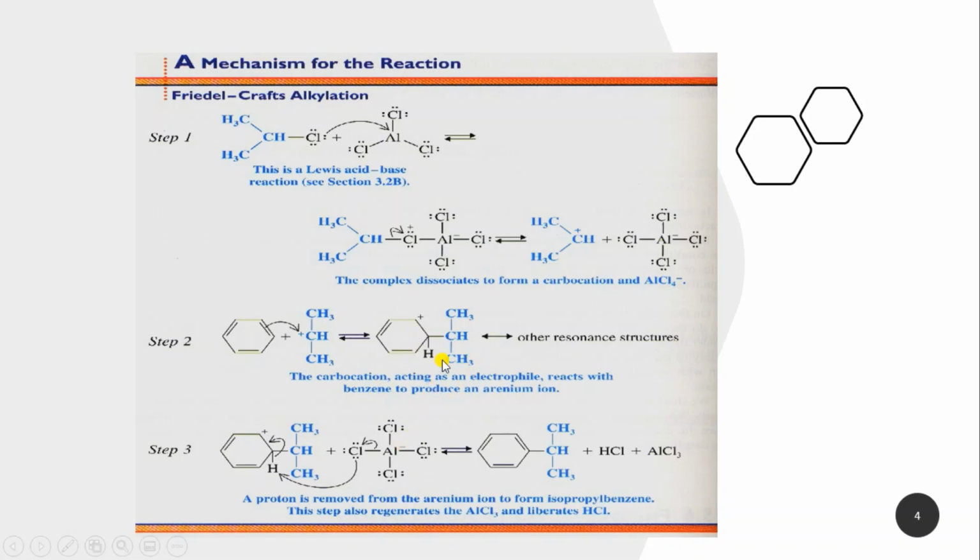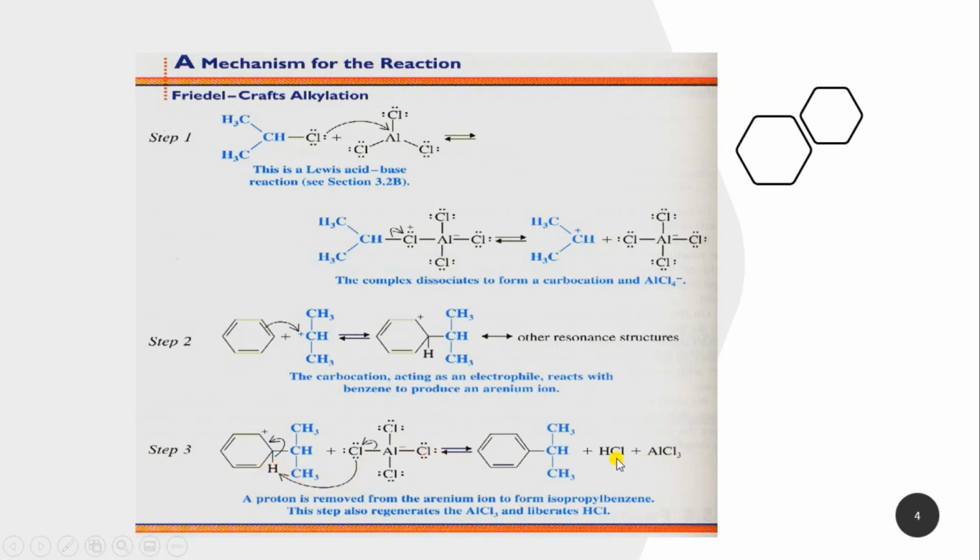Now what happens next? Benzene has to regain its aromaticity. This will be the most stabilizing factor here. That's why the proton at this position is now being abstracted by the chloride of the AlCl4 negative. So one of the chlorides abstracts the hydrogen and changes it into the HCl molecule.